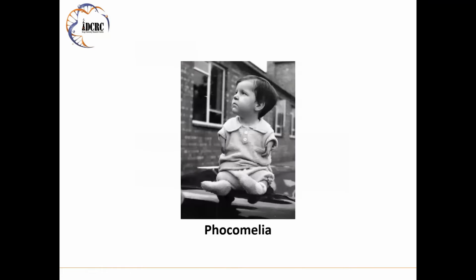But people saw that the women who took thalidomide were giving birth to babies with seal-like limbs, a condition known as phocomelia. Due to this phocomelia, the teratogenic effect of the drug, it was withdrawn from the market.